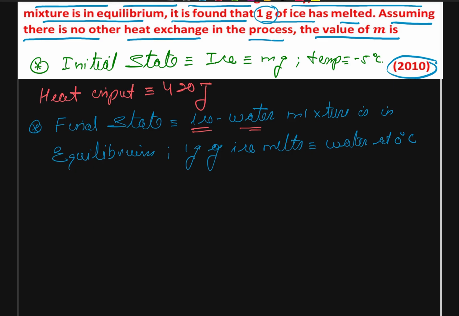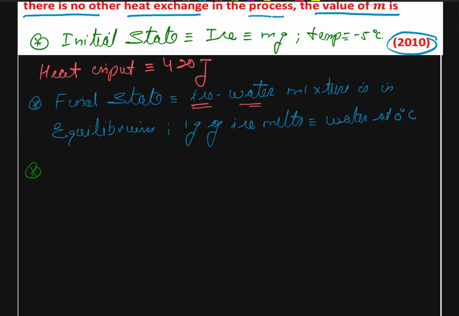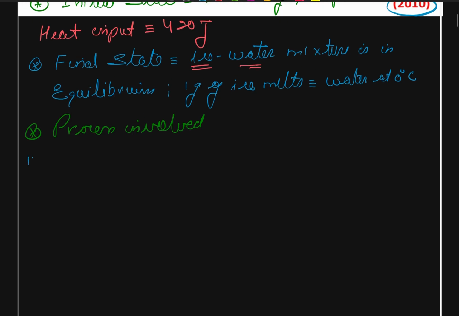So let us try to understand what the process involved is. First is the heating of ice from -5 to 0 degree centigrade.